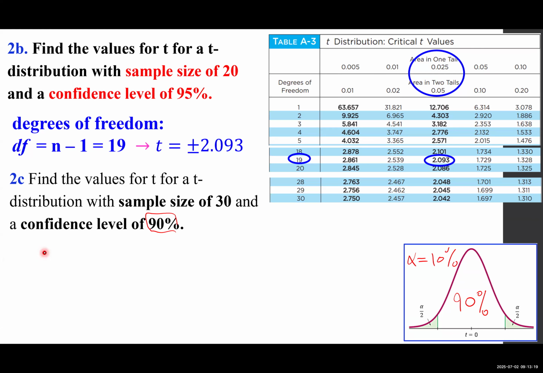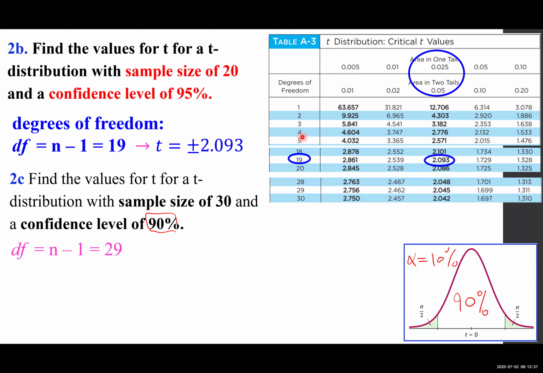And obviously, alpha over 2, in each tail, we have half of those. That means 5% in each tail. Total area in two tails is alpha or 10%. So degrees of freedom is 30 minus 1 or 29.